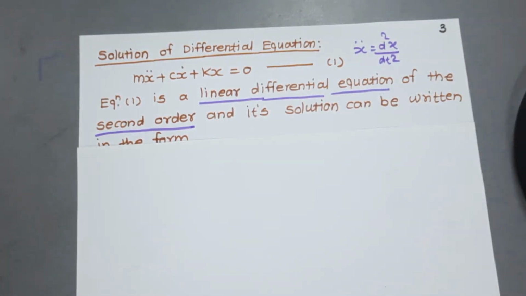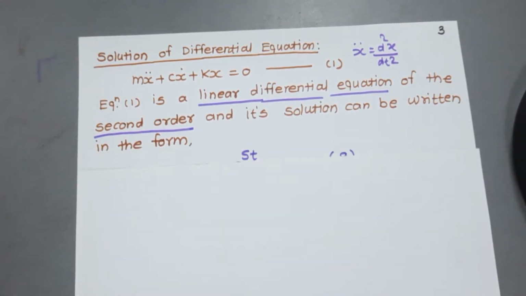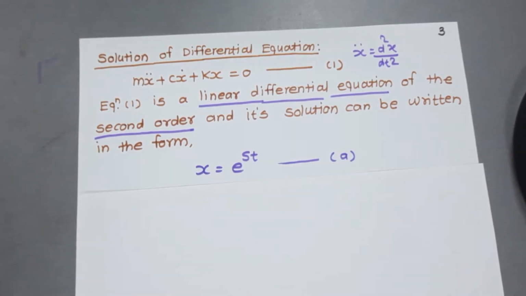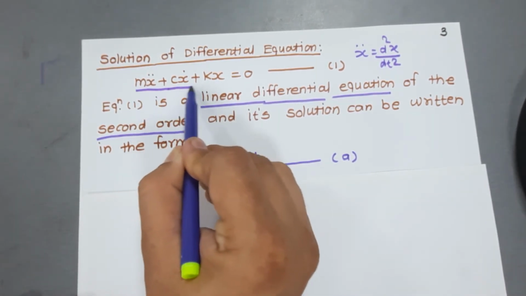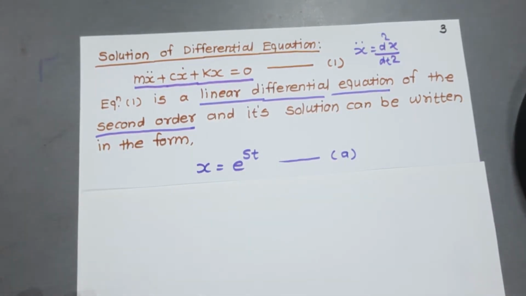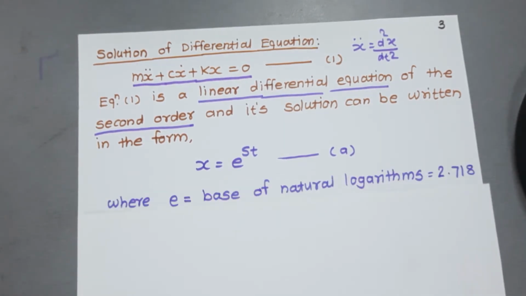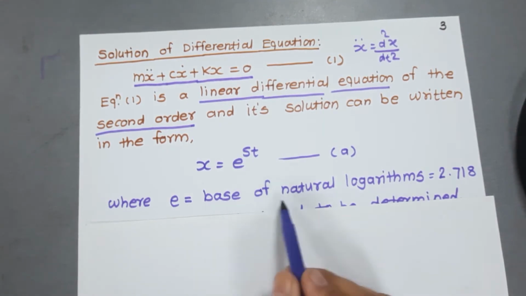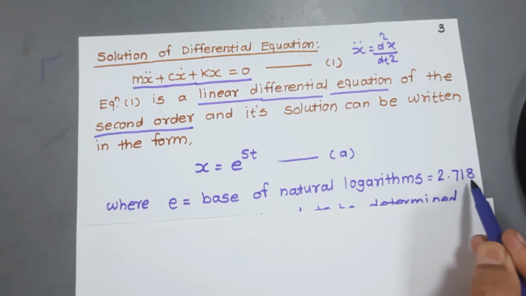Hence this is a second order differential equation, and its solution can be written in the form x is equal to e raised to st. Dear friends, you learn this part in your M3. So the solution for this equation mx double dot plus Cx dot plus Kx is equal to 0 is given by x is equal to e raised to st. Here e is called the base of natural logarithms, and its value is taken as 2.718.